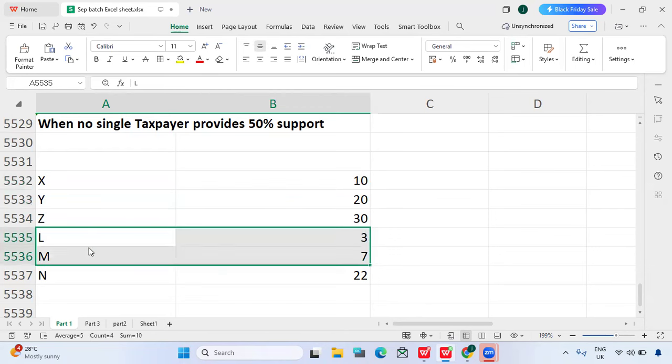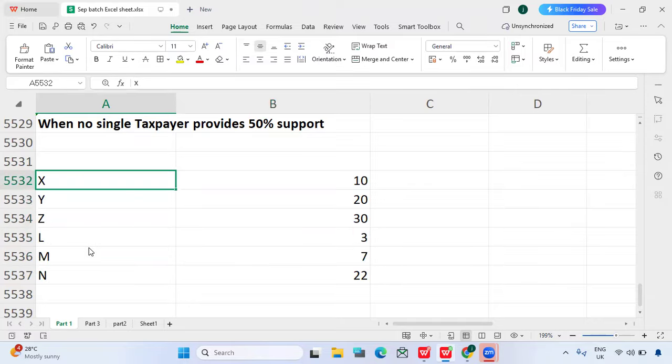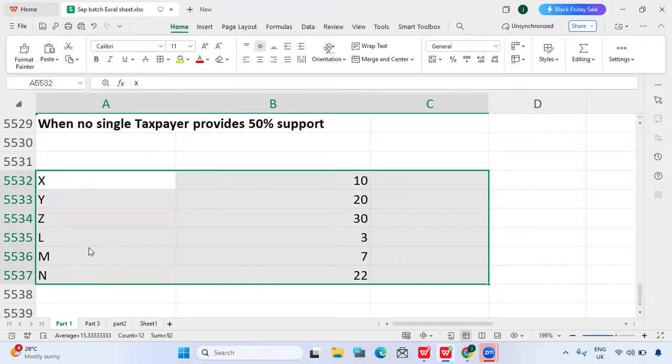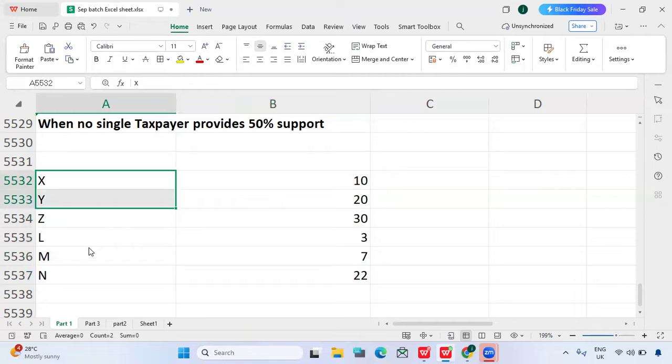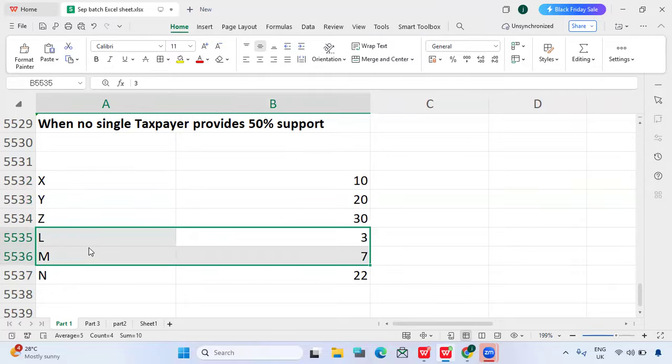Now in this case, multiple persons are providing support, right? So only one person can claim the dependent. What they have to do is, let's say now, the 3% and 7% people cannot take any decision.